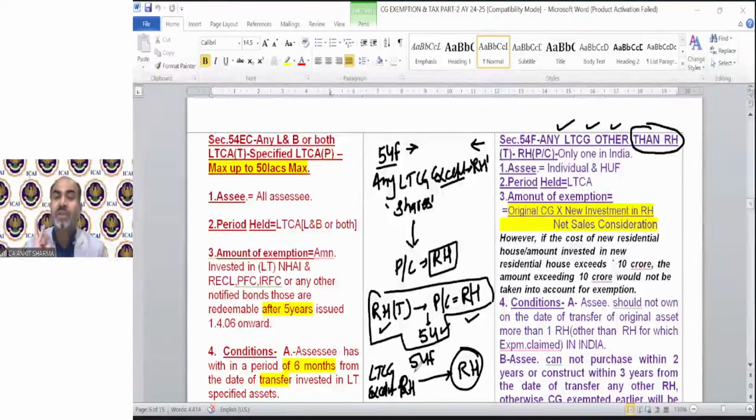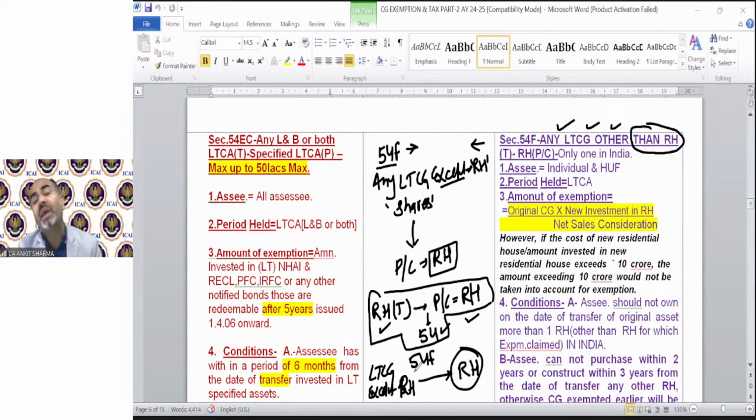So if you transfer shares, debentures, land, jewelry, or any other long-term capital asset, then you can invest it to purchase a new residential house. And in that case, you will get the exemption under section 54F. So always remember, if you transfer a residential house and purchase a residential house, then section 54 applies if other conditions are satisfied.